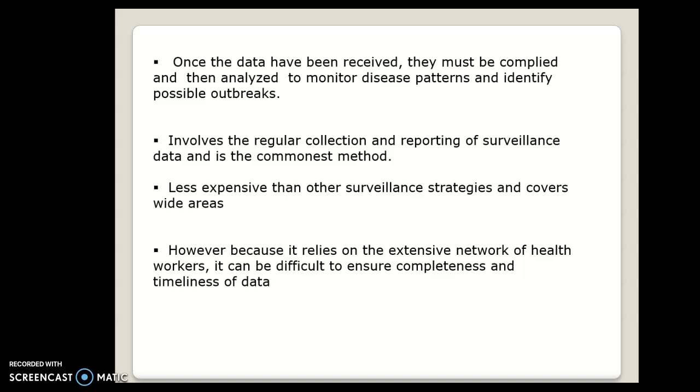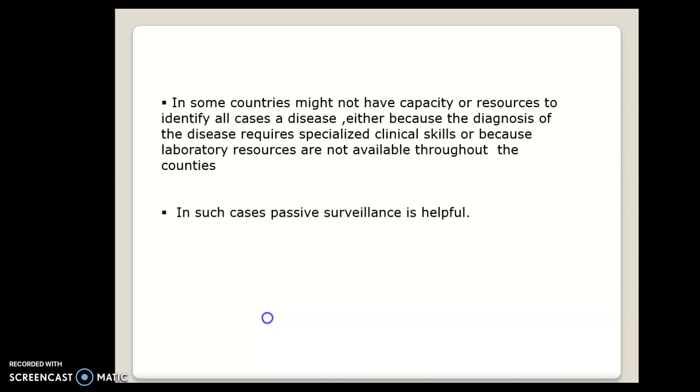Because it relies on an extensive network of health workers, it can be difficult to ensure the completeness and timeliness of the data. Some countries might not have the capacity or the resources to identify all the cases, either because diagnosis requires specialized clinical skills or because laboratory resources are not available throughout the country. In such cases, passive surveillance is helpful.